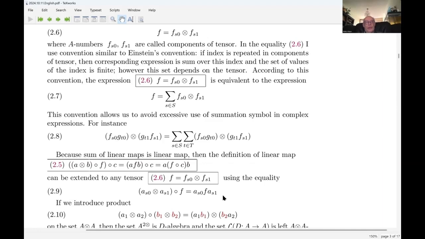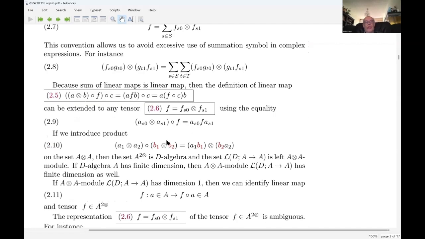If we introduce product 2.10 on the tensor square of algebra A, then the tensor square of algebra A is an algebra, and the set of linear maps of algebra A is a left module over the tensor square of algebra A. In equality 2.10, I use different colors to show the order of the factors in the product.